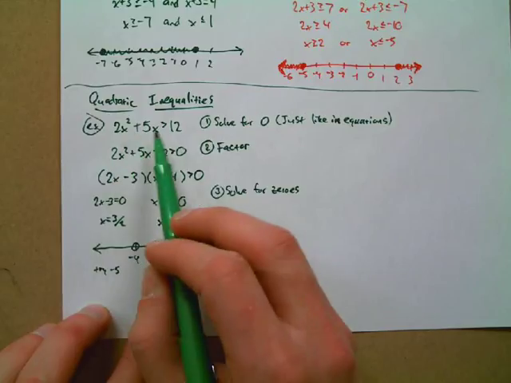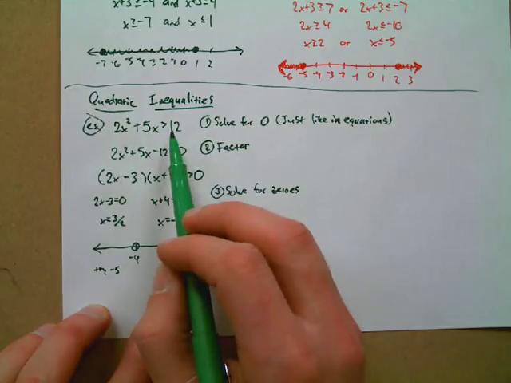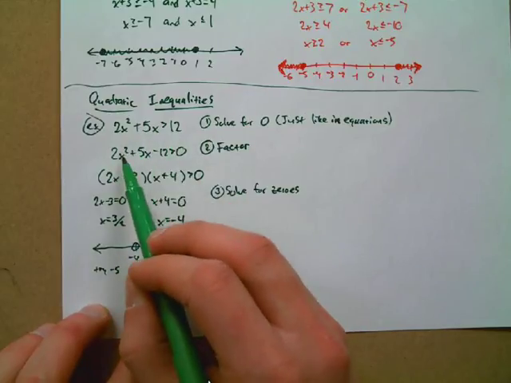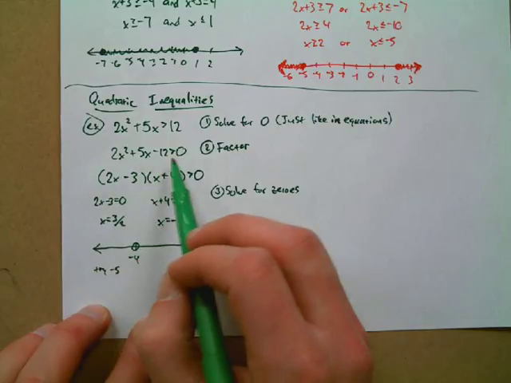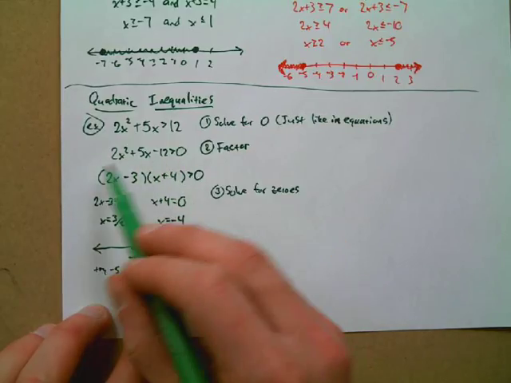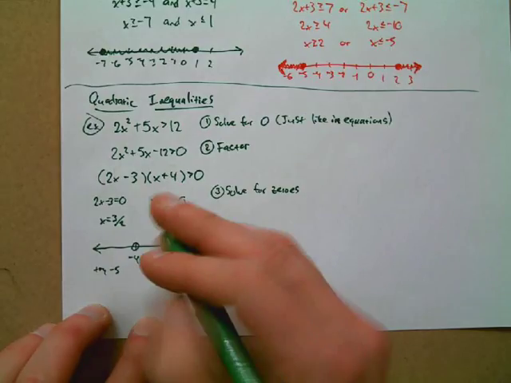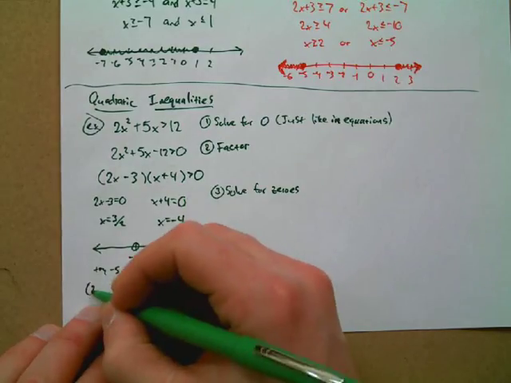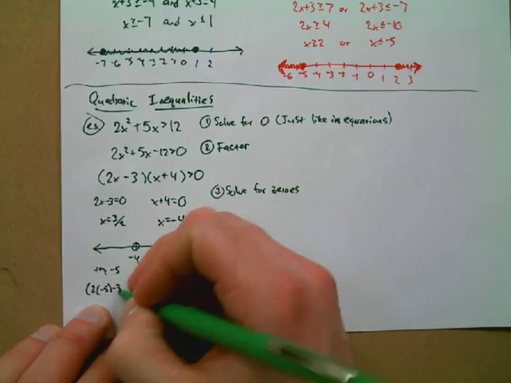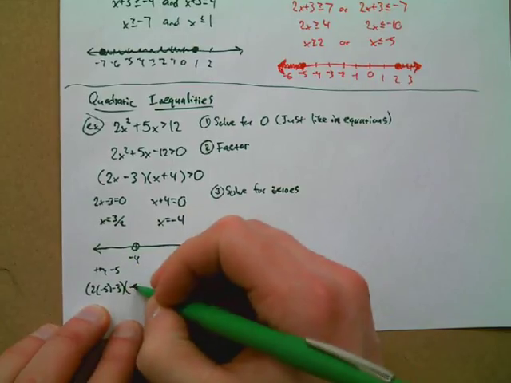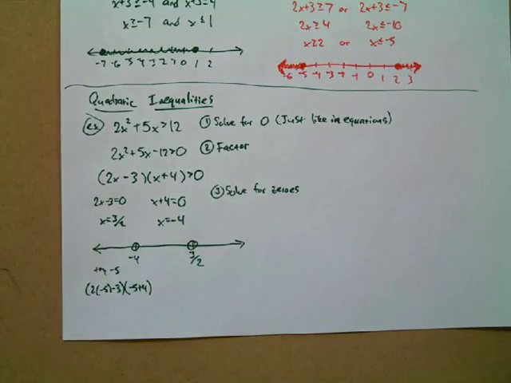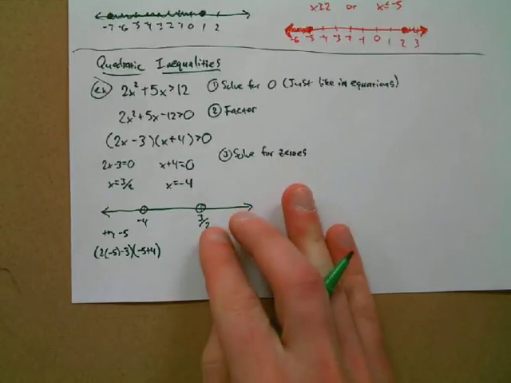So we would have 2 times negative 5 minus 3, and then negative 5 plus 4. Okay, so just plug the negative 5 in for the x in the factored form. And why am I doing that? Because I don't need to really worry about what this value is. I just know I'm going 2 times the negative number, which will be negative.